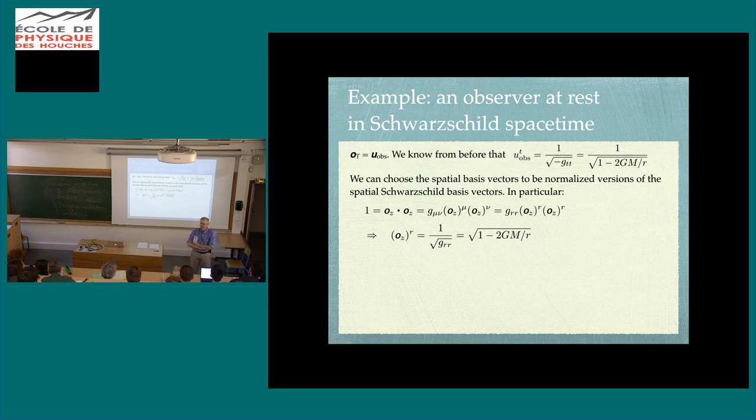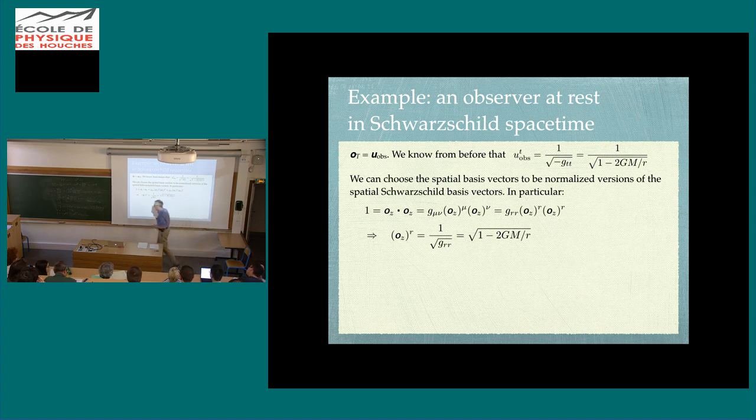The example that I do in the sheet is looking at a falling particle that's falling in Schwarzschild spacetime from infinity and asking what's its velocity to a person that's sitting at rest watching the particle go by. The way you do that is take its 4-velocity, you evaluate its components in the locally orthogonal frame of the person sitting at rest. You've got u^t and u^x, and u^x over u^t gives you the ordinary velocity, and you just calculate it.